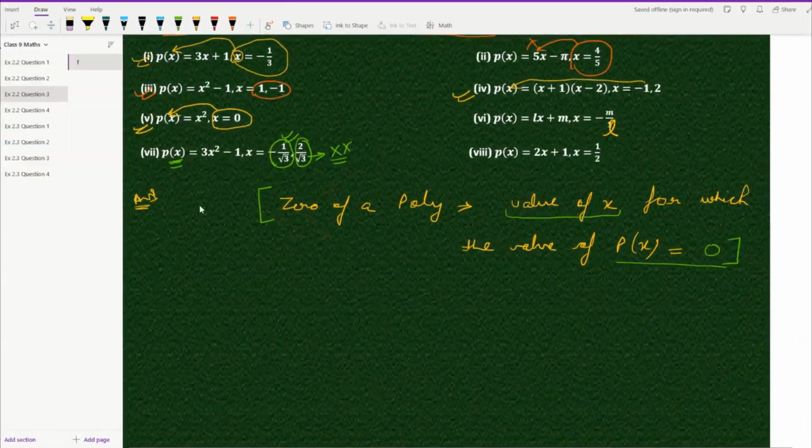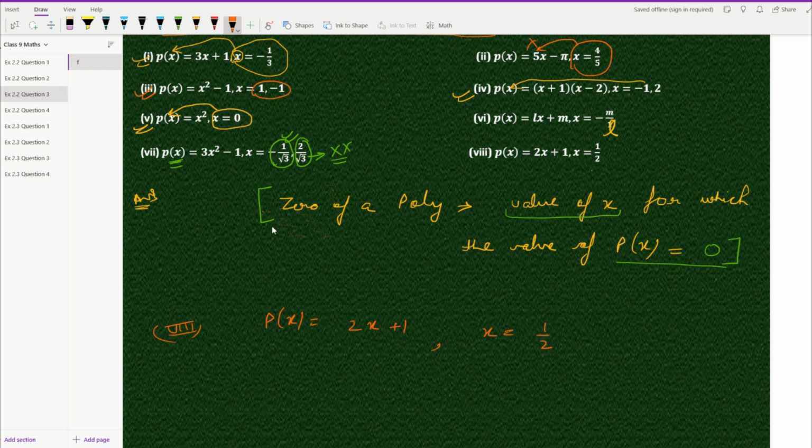Now we come to the last part of this question, part number 8. The polynomial given to us is p(x) = 2x + 1, and the value of x we have is half. In this case you have to just replace this value of x into the polynomial.